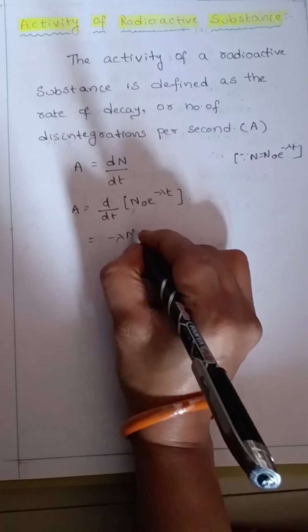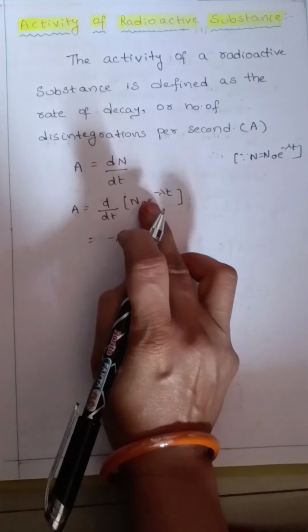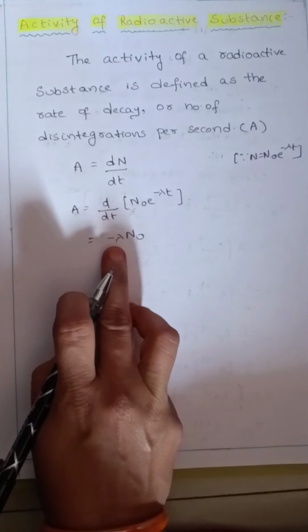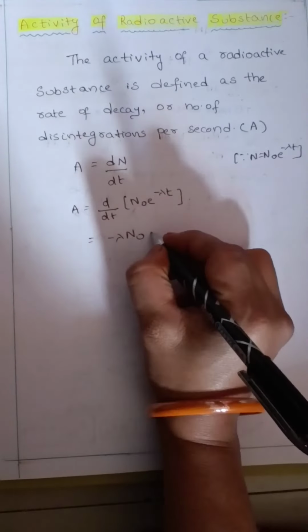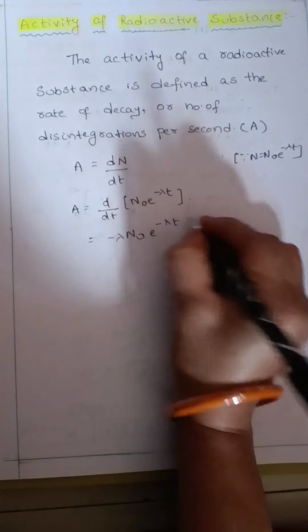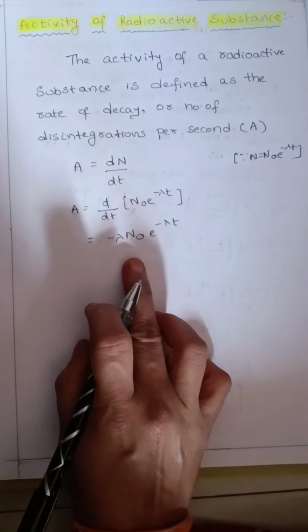minus lambda N naught, since N naught is a constant, it is a number. We are differentiating e power minus lambda t with respect to time, so we get minus lambda e power minus lambda t. So this is the activity, the number of disintegrations.